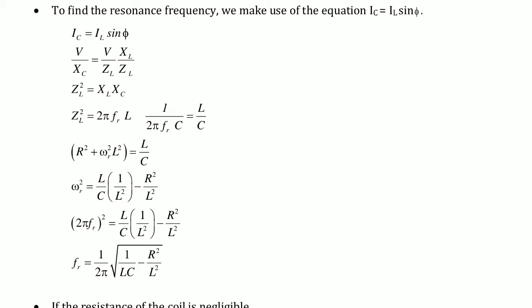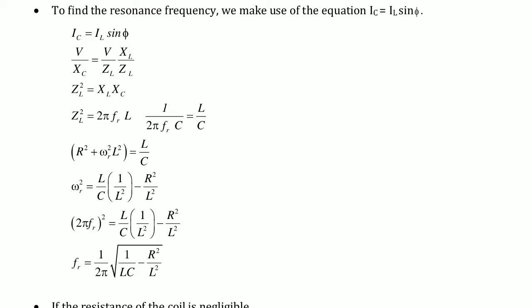The inductive circuit impedance is R square plus omega square L square, and that is equal to L by C. Now we want only omega square. Omega square is equal to L by C into 1 by L square minus R square by L square.